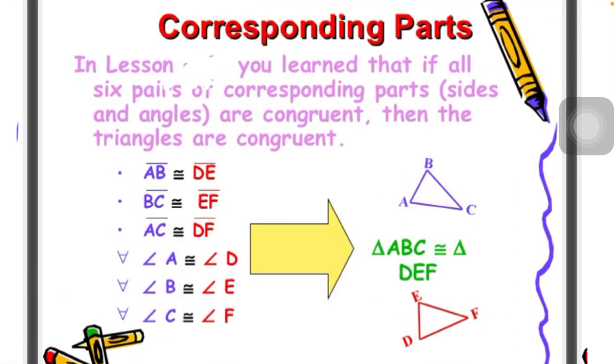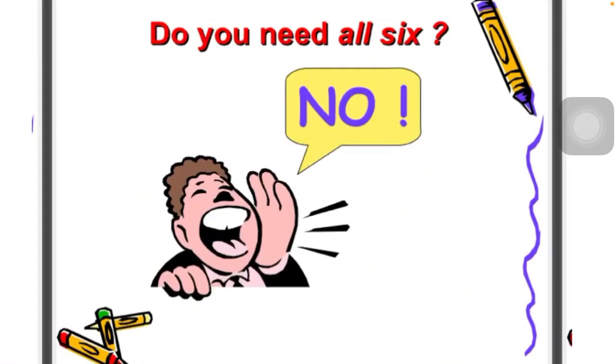When these three sides or these three angles are corresponding and equal, we can use these parts to prove the two triangles congruent. But how many of these can we take? There are three sides and three angles. So do we need all six?